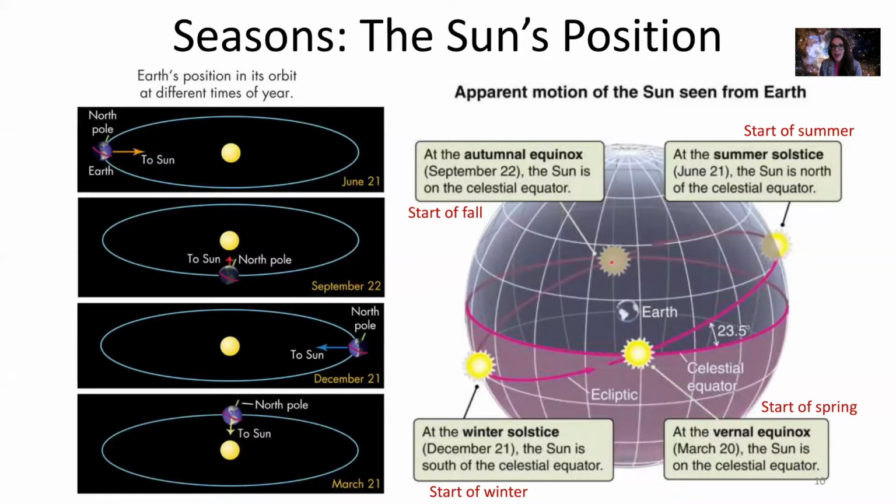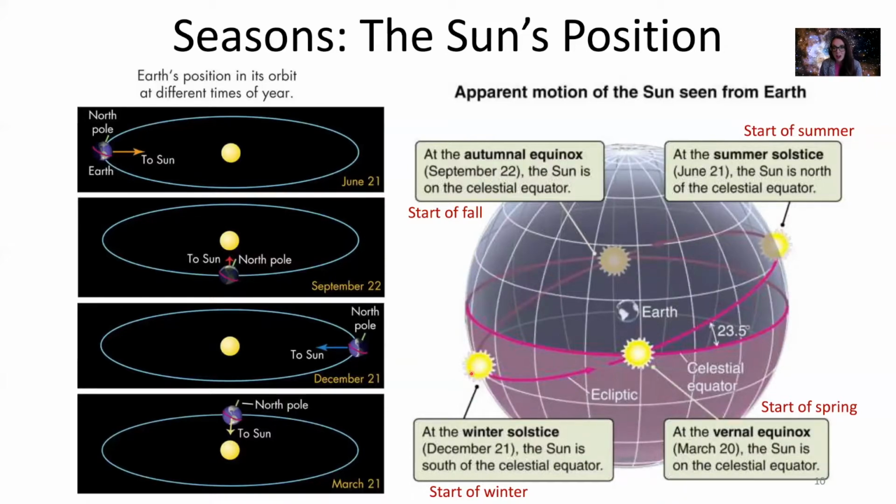And then back here at the autumnal equinox, or the fall equinox, the beginning of fall, we have the sun again crossing the celestial equator. It's crossing the celestial equator and it's heading down into the southern part of our celestial sphere.